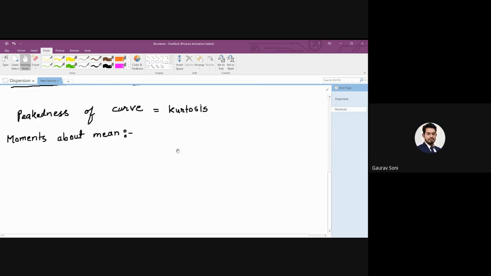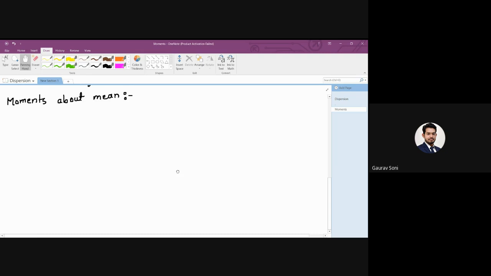Yes, what we were doing was writing the definition for the moments about the mean. It is also called the central moment. Why is it called the central moment? Because the moment is calculated about the mean.